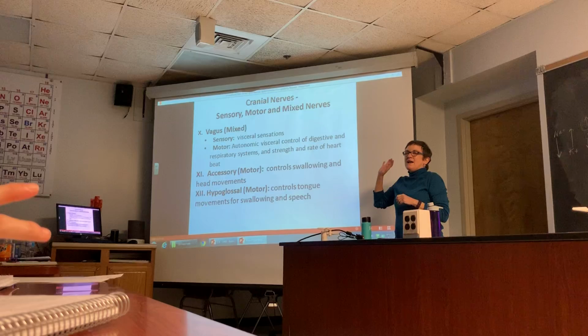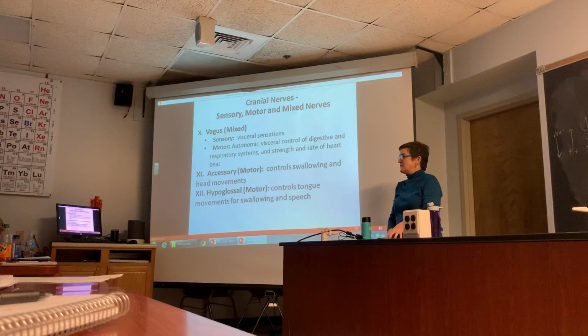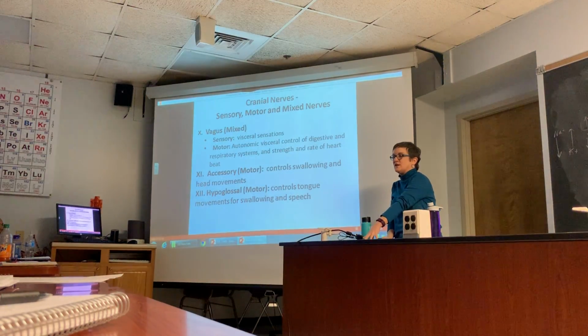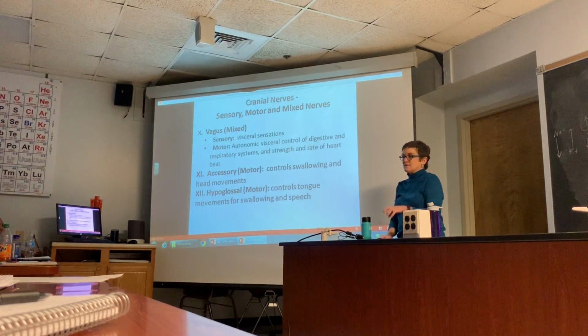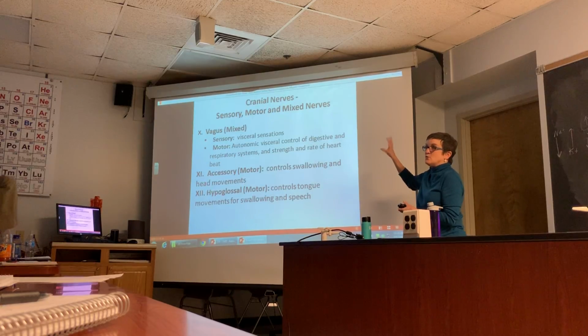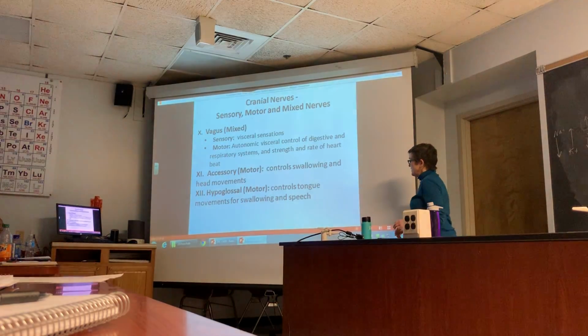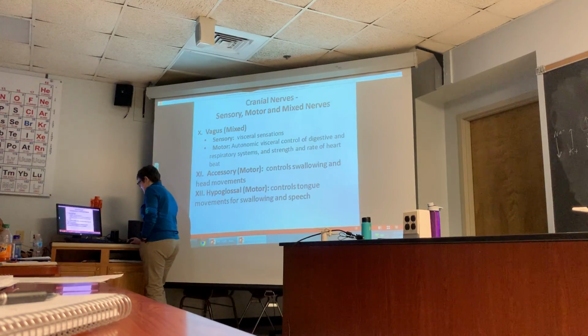But any nerves I do talk about in the future, whether in terms of the parasympathetic division or the sensory section, you do need to know those nerves, because they are in the context of the notes that we'll be talking about. You don't have to memorize all of this, but you do need to know the stuff that we deal with later on. But what I want to do is go on to at least get started with the autonomic system.